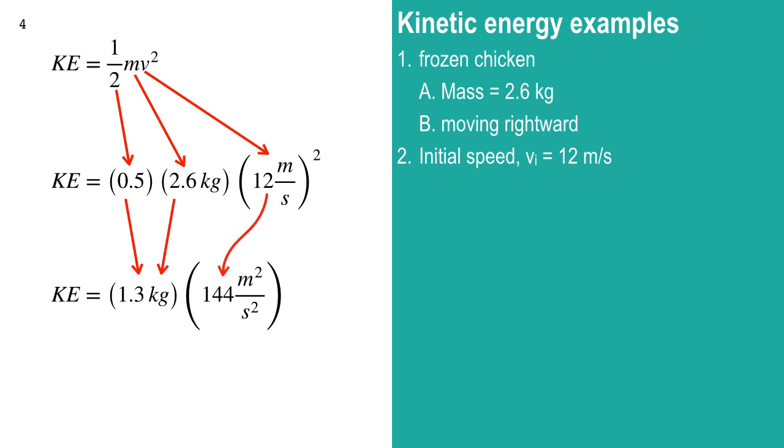Right here, 12 squared is 144. But you also have to square the units. Meter per second, quantity squared, is meter squared per second squared. So meter squared on the top and second squared on the bottom. Now, don't forget that. All right. And so the result is, now you multiply 1.3 times 144. Anybody verify me, 187.2? Okay.